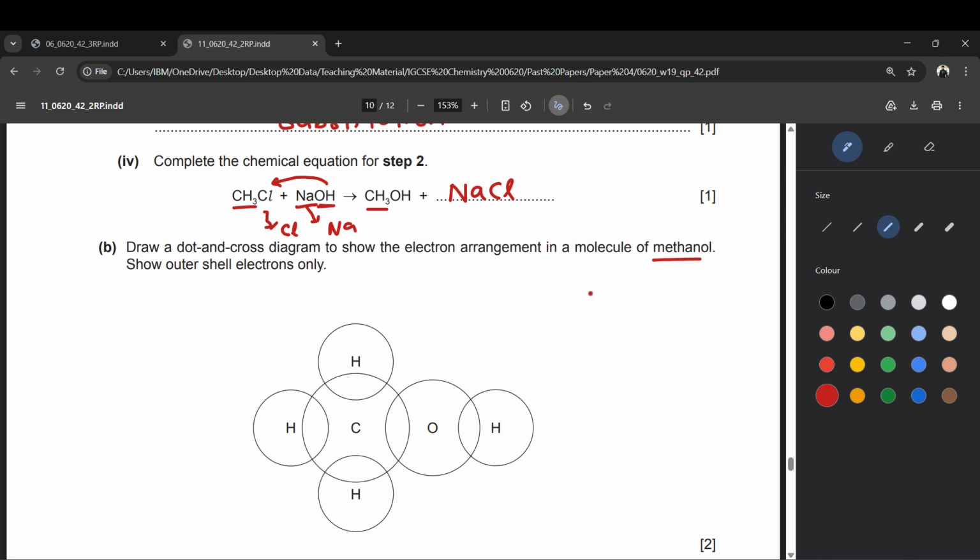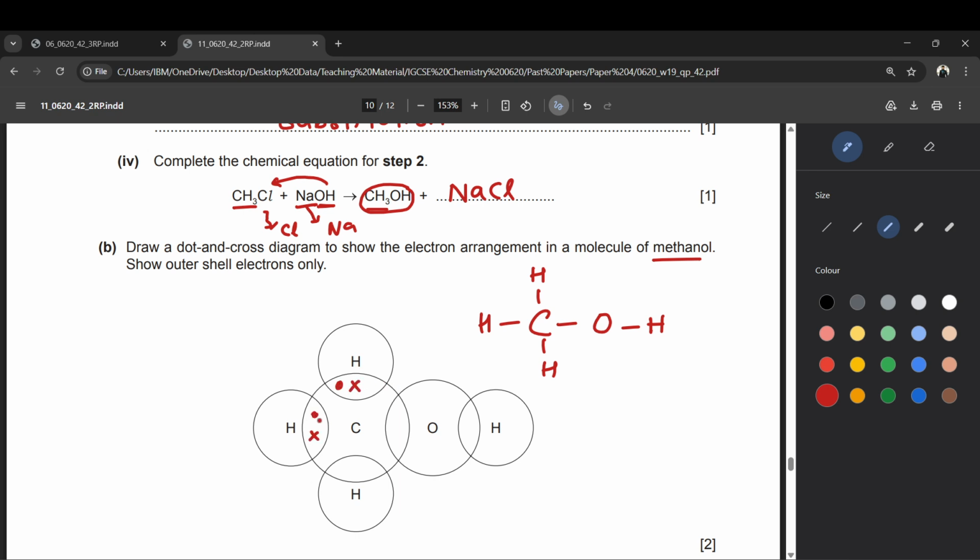If I draw a displayed formula for methanol, this is methanol, right? CH3OH. Here we have one carbon atom, bonded to three hydrogen atoms, and then bonded to one oxygen, which is bonded to a hydrogen atom. All of these bonds are single covalent bonds. When you see that these are single covalent bonds, that means that for each of these bond pairs in the dot and cross diagram, there must be just one single bond, so only one pair of electrons being shared.